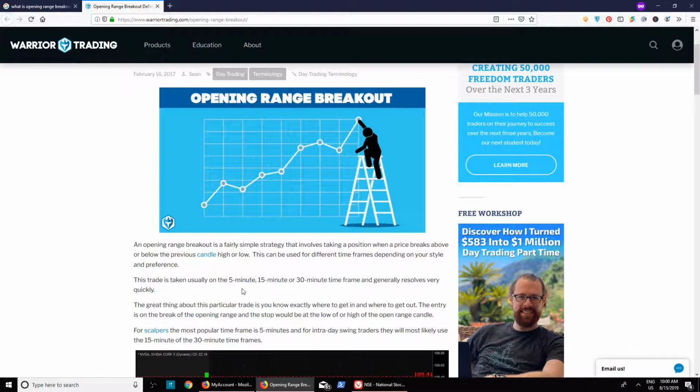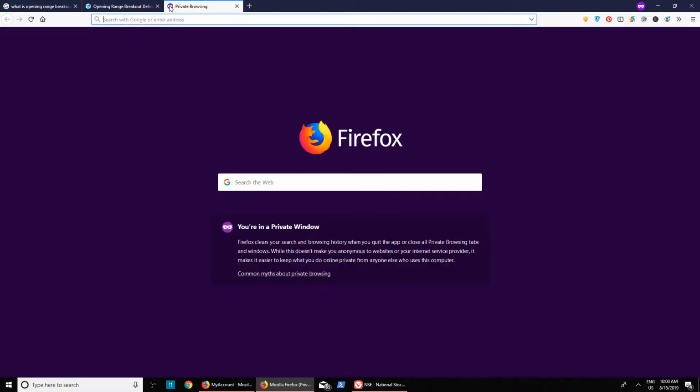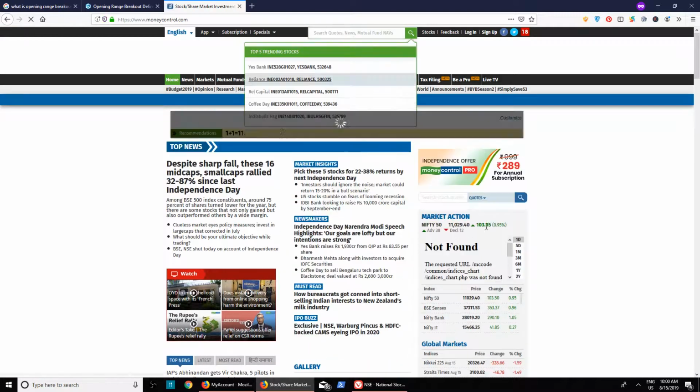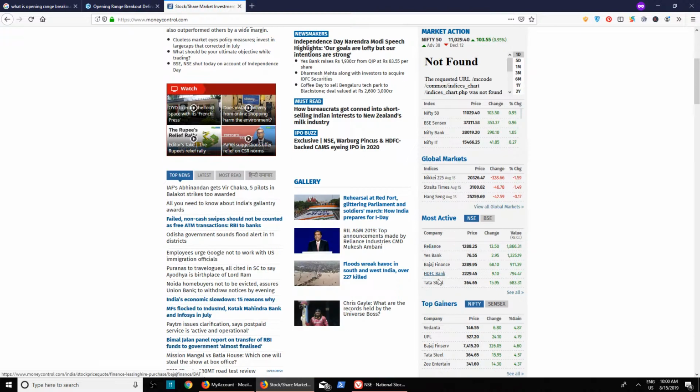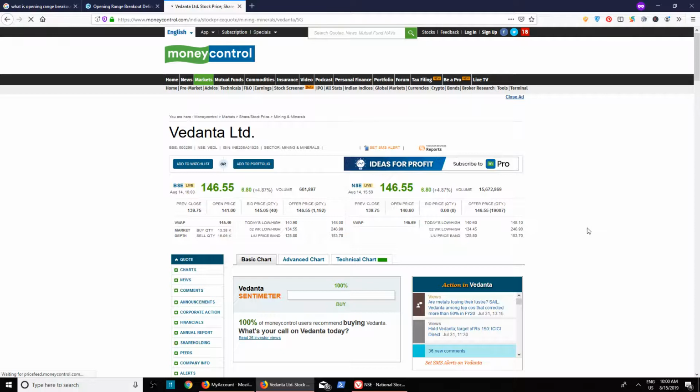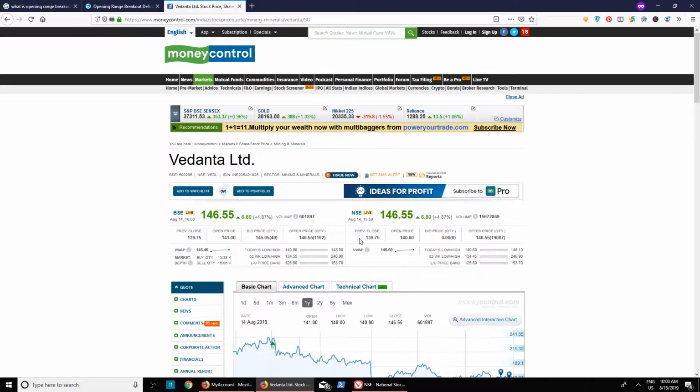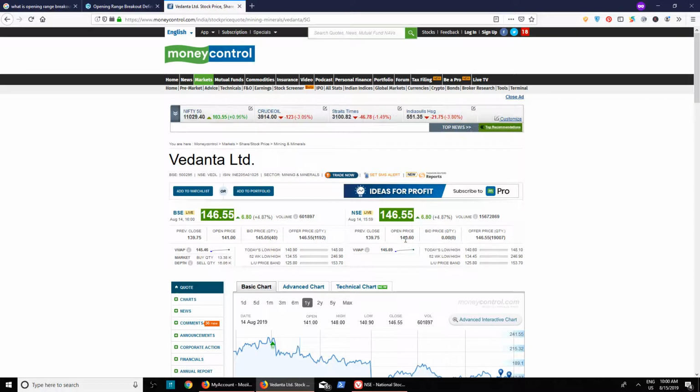To simplify it, let me open Moneycontrol and give you a stock. For example, yesterday's top gainer was Vedanta. I'm just giving a small example here. As soon as the market opens, it would have opened at 140.60, and the low was 130.75.